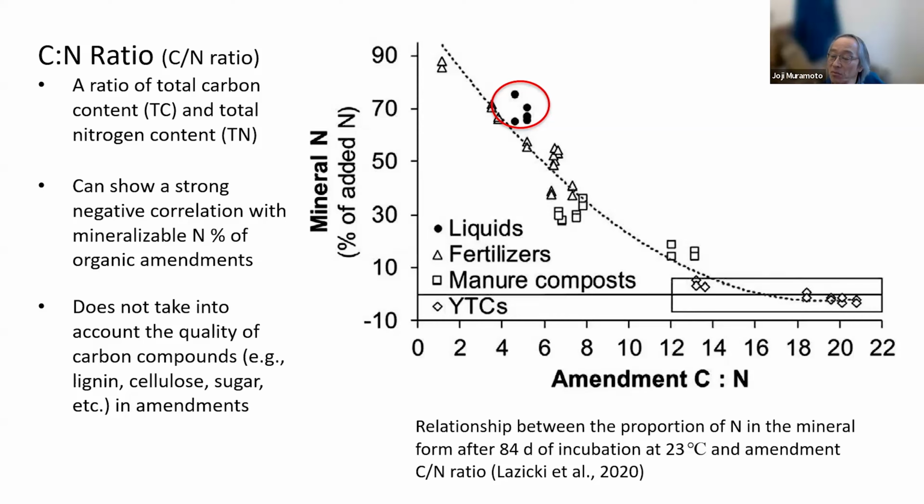The calculation of total carbon and nitrogen doesn't take into account the quality of carbon. Those relationships have to be established for different amendments, for example different cover crops. Cover crops have a different kind of relationship from this one. But C:N ratio can be used to estimate mineralization rate. That's the point.